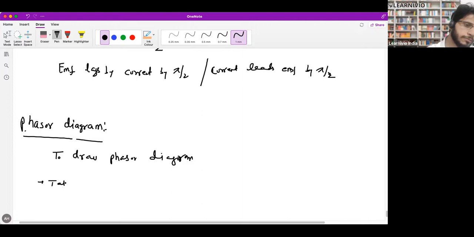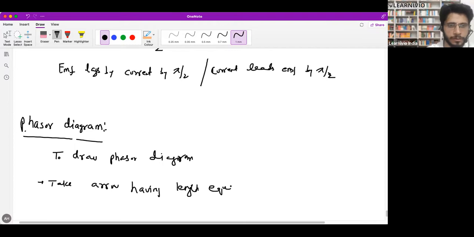To draw a phasor diagram, take an arrow having length equal to the peak value.